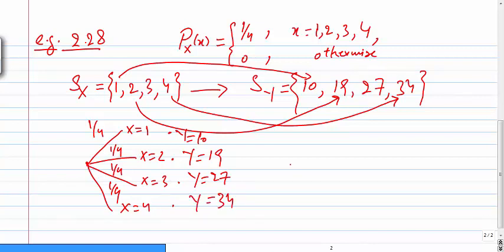Now from here we can write the PMF of Y using the theorem.